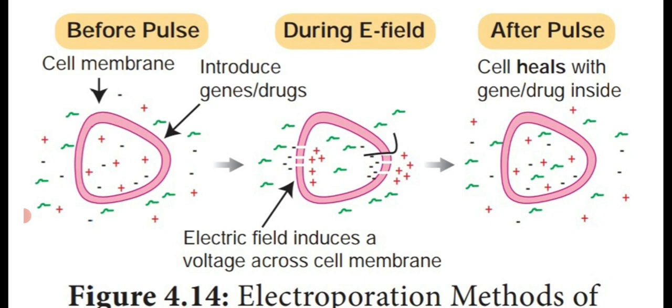Dear students, for this, a diagram is given. First, the pink colored one is the cell surrounded by a cell membrane. Then we are introducing the foreign gene or DNA or drugs.